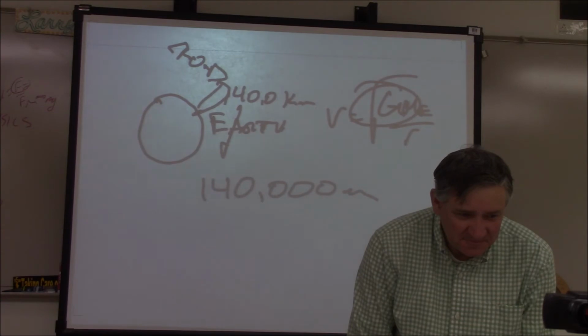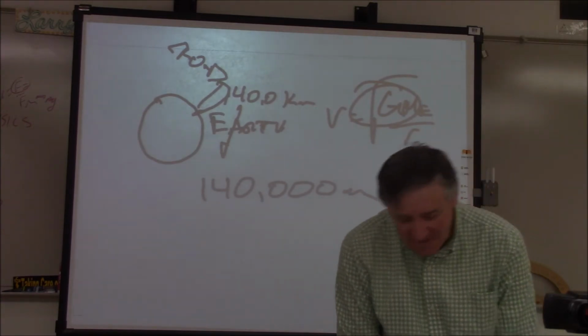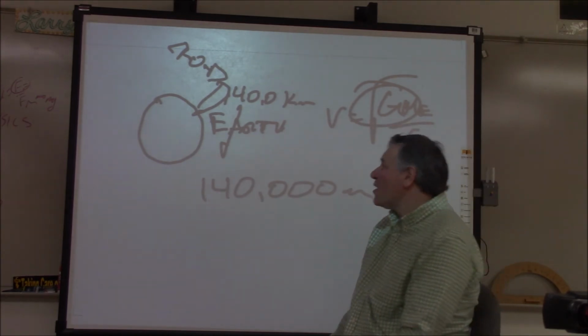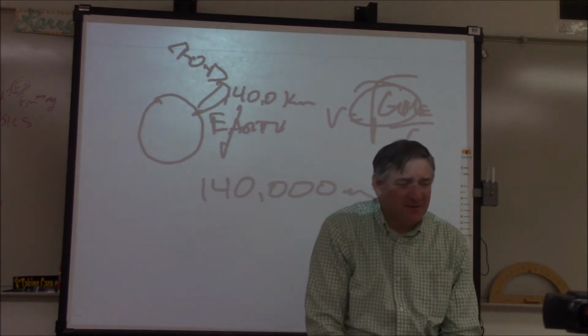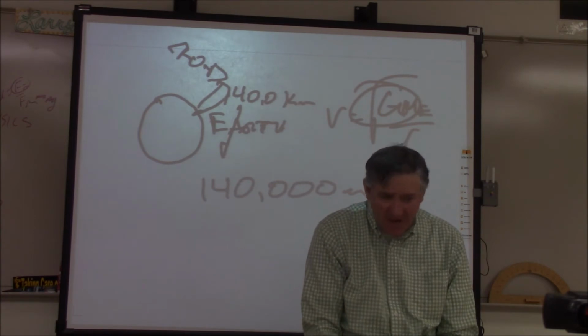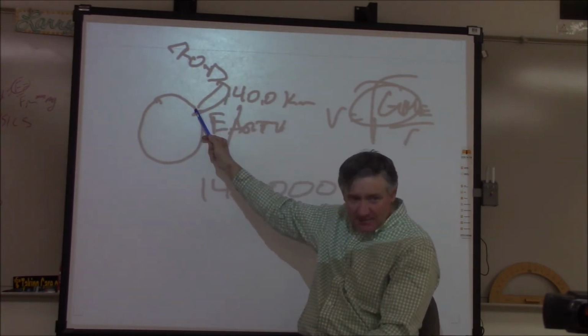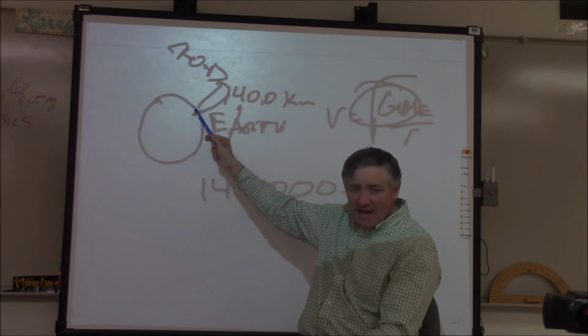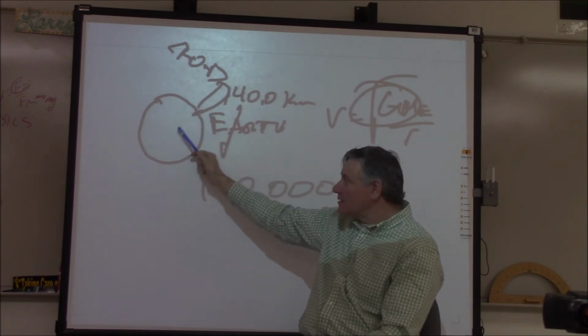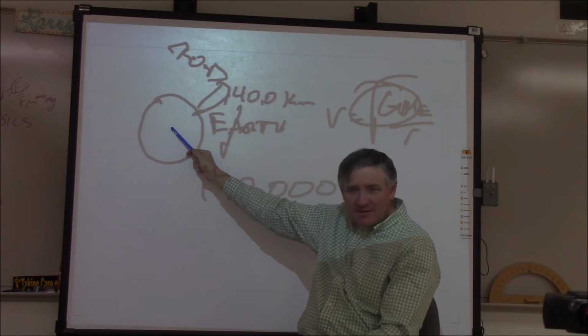Okay, Sproles. Where do we measure the radius from? The center. Right, so the 140,000 is this distance here, right? So what do I have to add to it? The extra distance out.